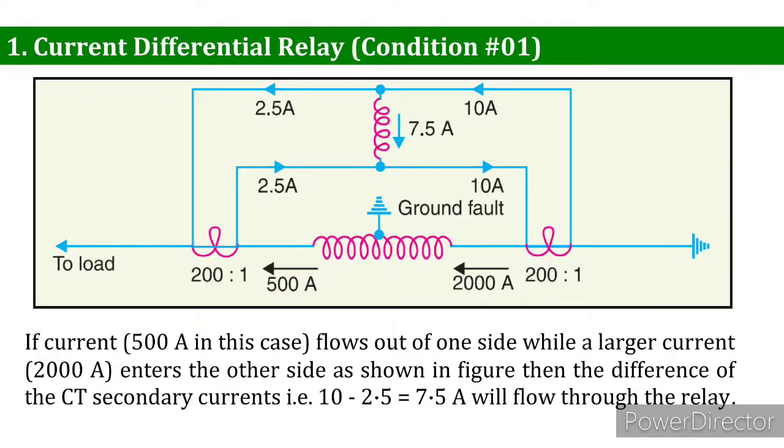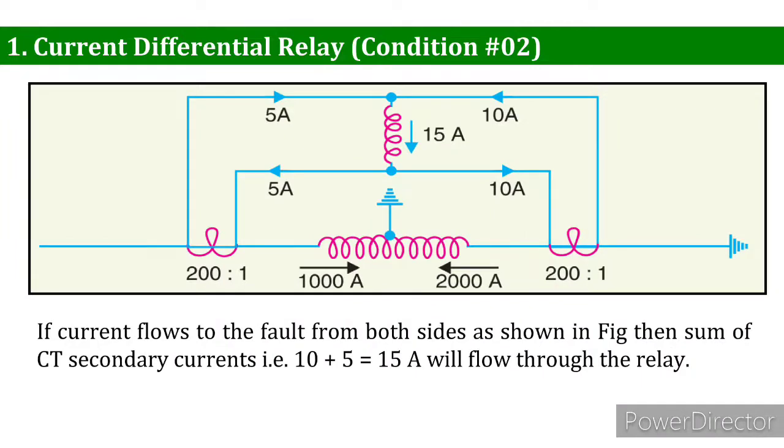But if the system is set at a value below 7.5, then the relay has to operate. So it's all about the predetermined value that the user sets.